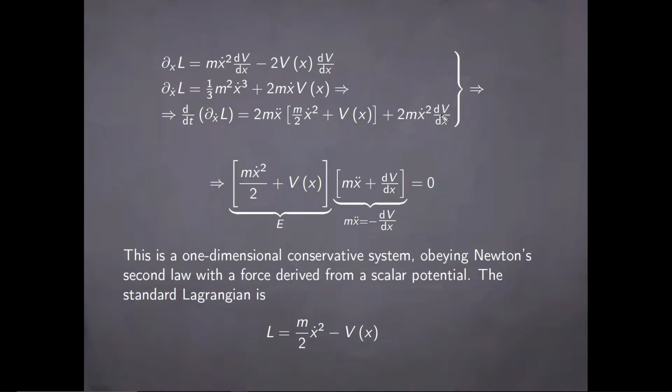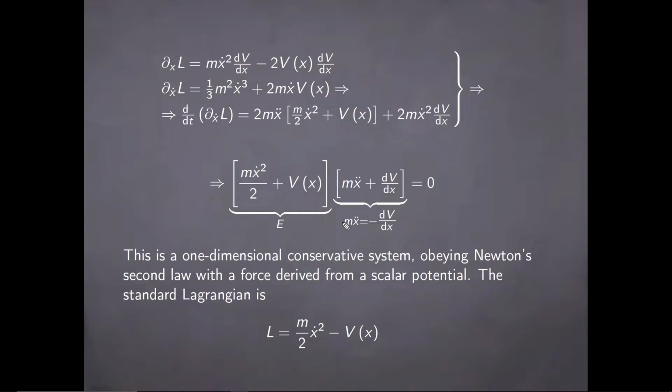And if you put the two together in the Lagrange equation, you should be able to factor it out as the following product, where the first factor is just the total energy of the system, and the second factor is Newton's second law of motion, written for a force that is derived from a scalar potential.